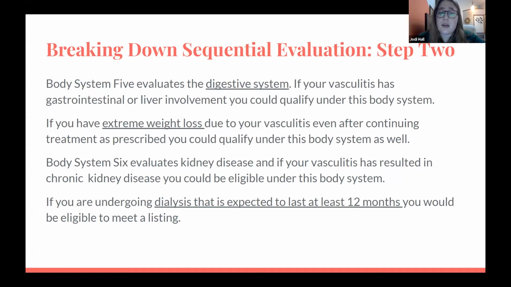Again, this applies if a medication has really limited your appetite. Body system 6, kidney disease. If you have chronic kidney disease and you're on dialysis, then you would meet a listing in that body system, just because you're not expected to hold down a full-time job if you need to be on dialysis.